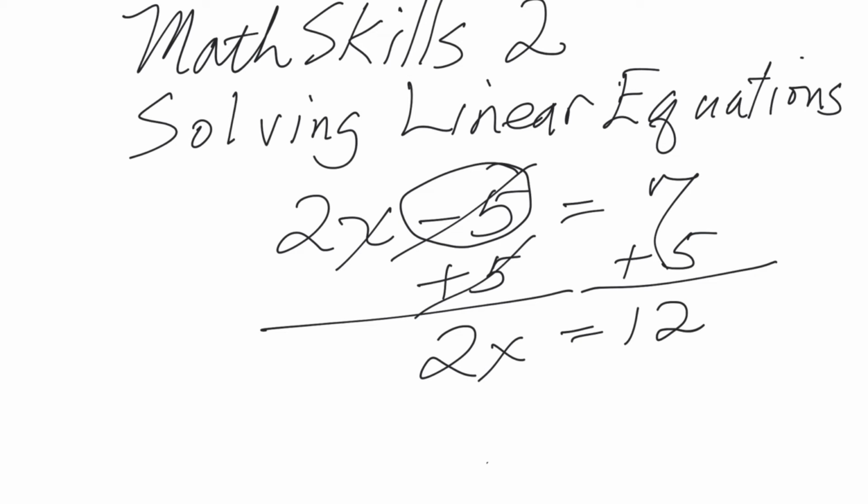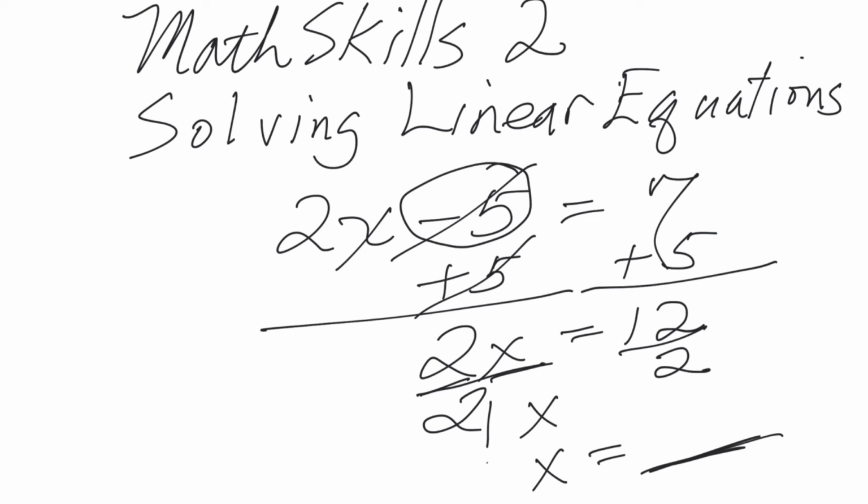Now, this is not the final solution because we really don't want 2 in front of the x. We like to have 1, which is the same as x. So that should be the final solution. So what are we going to do? Well, if 2x equals 12, if you divide both sides by 2, then 2x divided by 2, the 2 cancels, then you're going to get 1x, or x, and x equals 6.